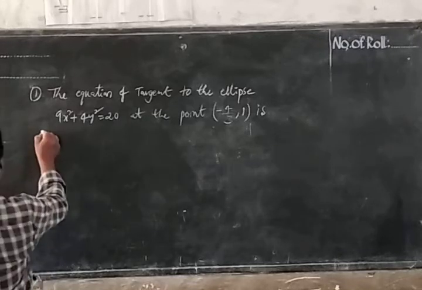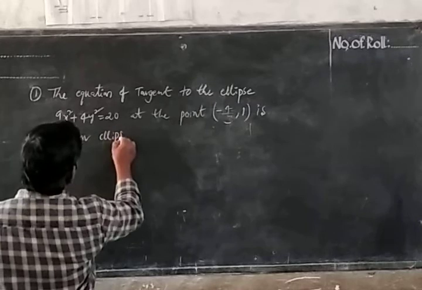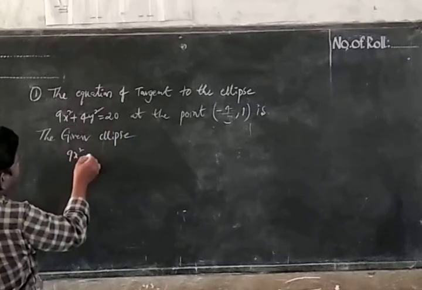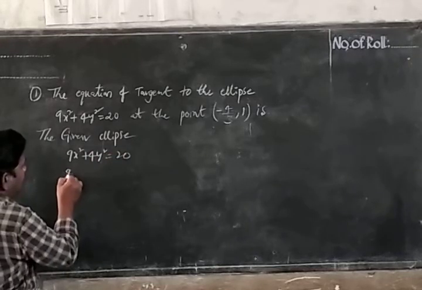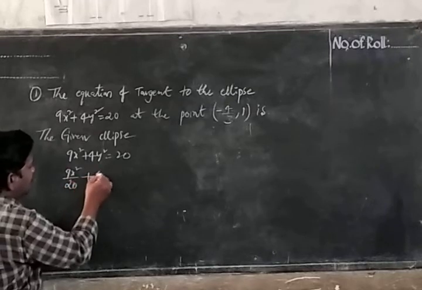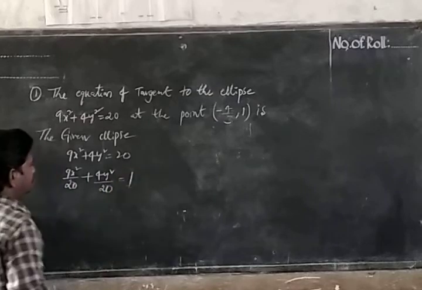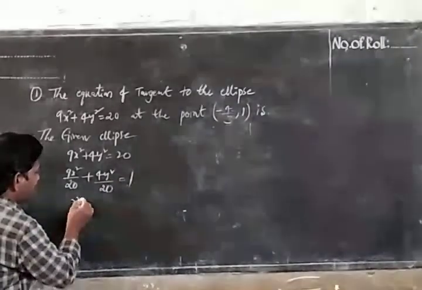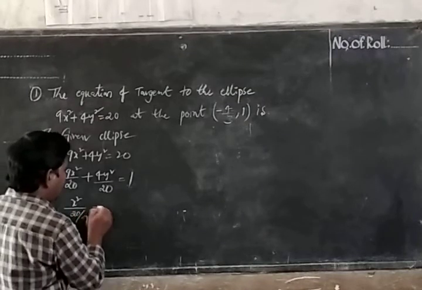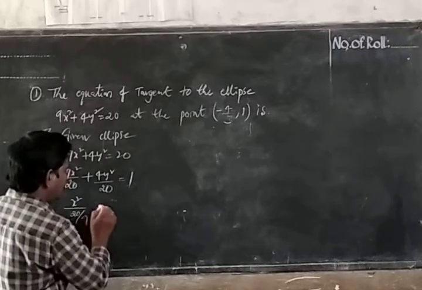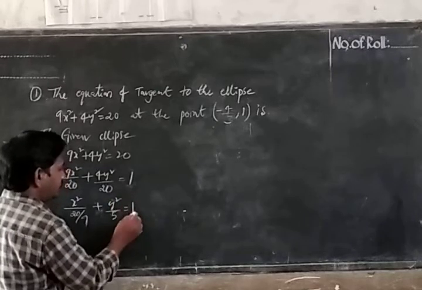Now the given ellipse 9x square plus 4y square equal to 20. 9x square by 20 plus 4y square by 20 equal to 1. Now x square by 20 by 9 plus y square by 5 equal to 1.